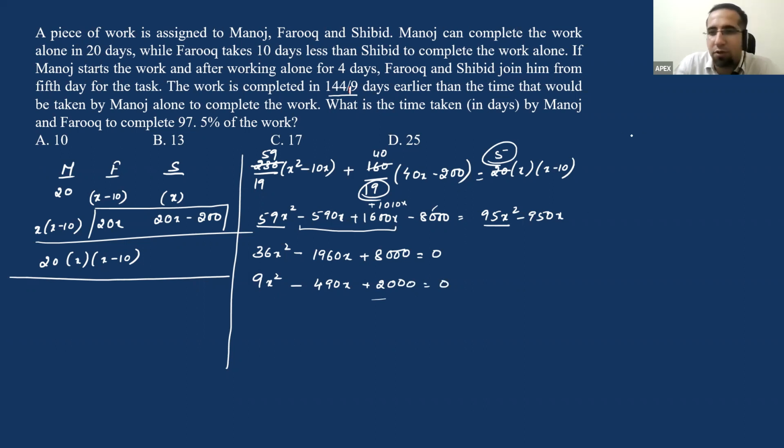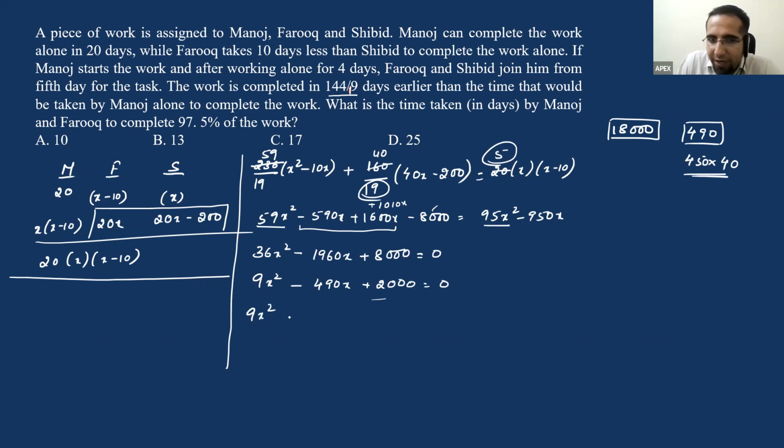Now, I need two numbers whose product is equal to 18,000 and sum is equal to 490. Now, the only thing is cancel zeros here. Can I say 45 into 4 is 180? If 45 into 4 is 180, I can take 450 and 40.